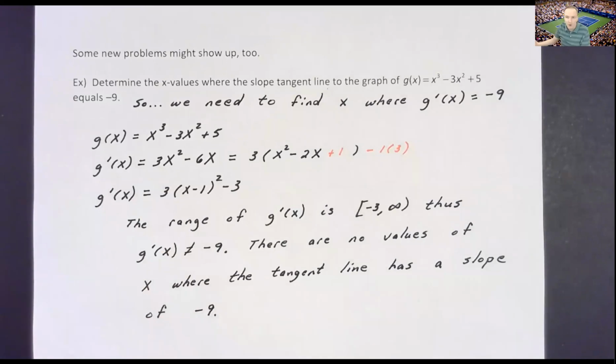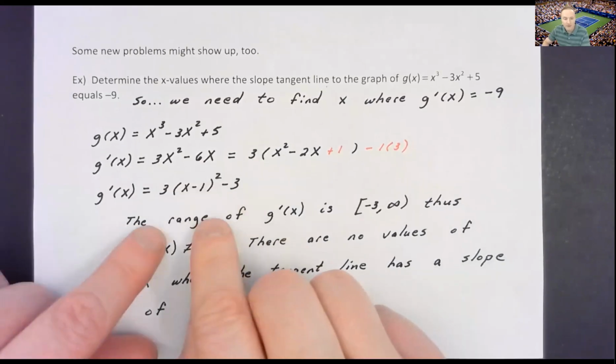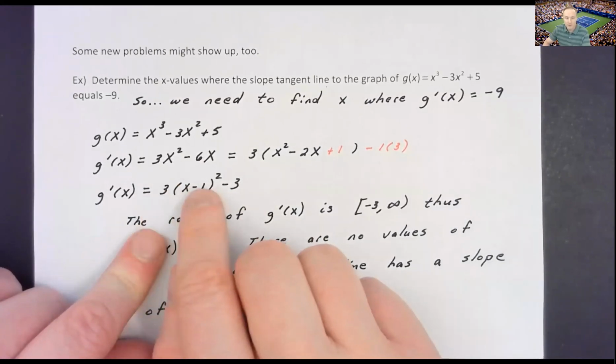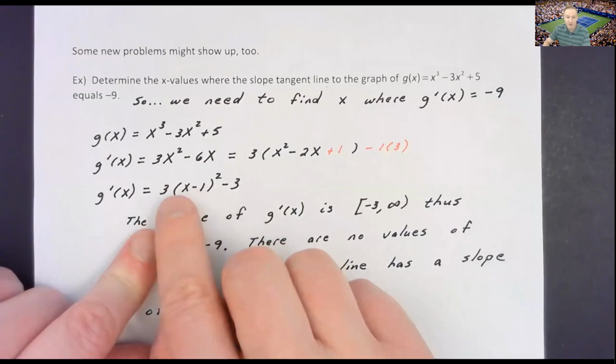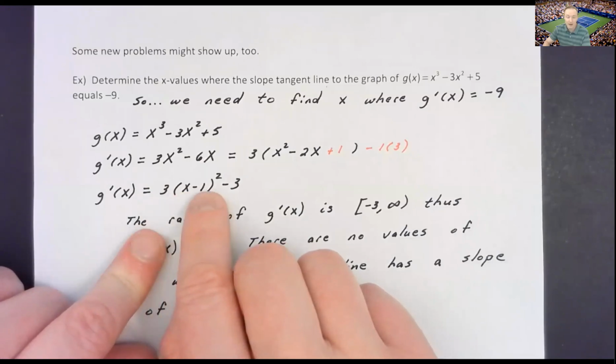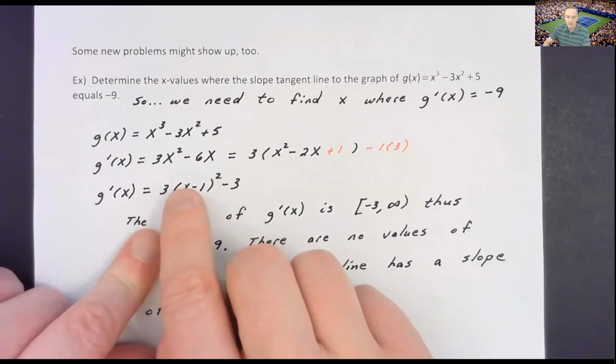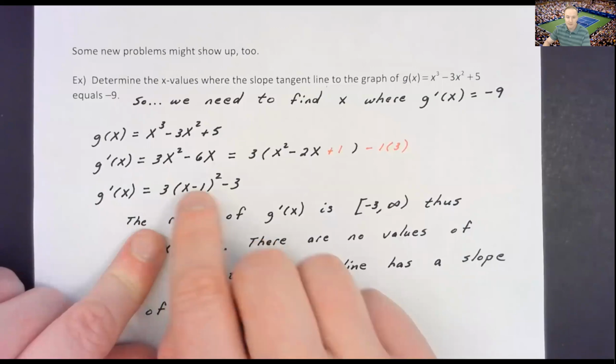Okay, how does that help? Oh, it helps tremendously, because we're trying to show that g prime of x is -9. This shows that it can't equal -9. So think about this with me. We know that 3 is multiplying some number that is at the very minimum 0 when x is 1. Other than that, it's a positive number because it's a number squared. So this is 3 times the lowest it could ever be, a 0, minus 3.